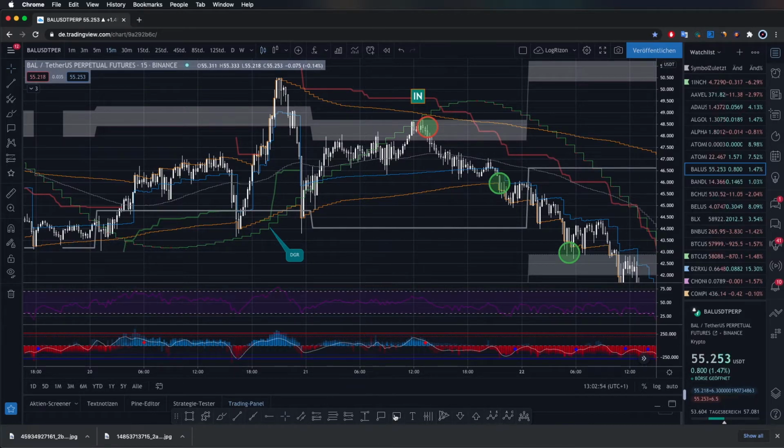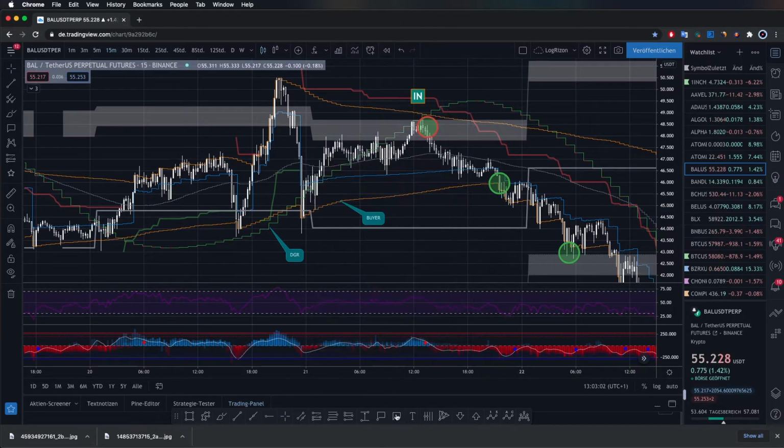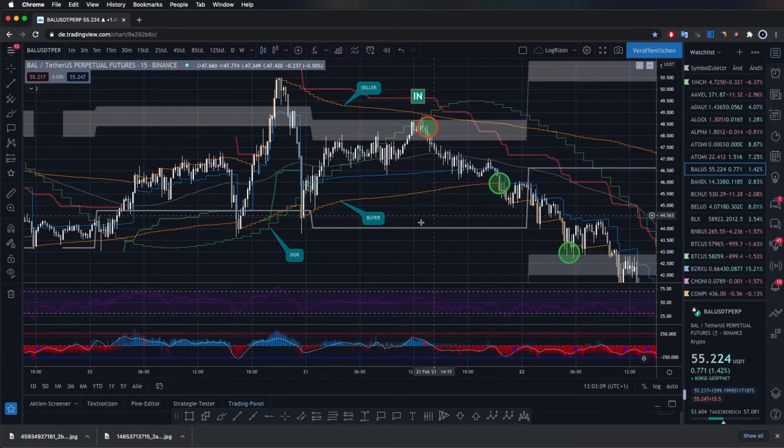Other lines which are very important are the buyer line and the seller line. And these two lines are showing you where the buyers and where the sellers of the particular time frame, in this moment it's a 50-minute time frame, are sitting.